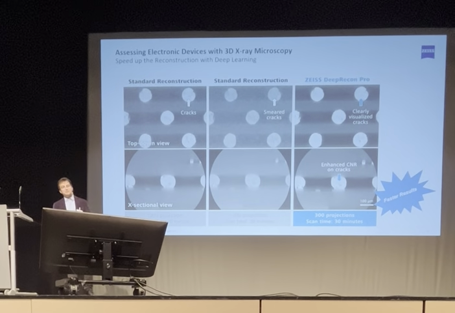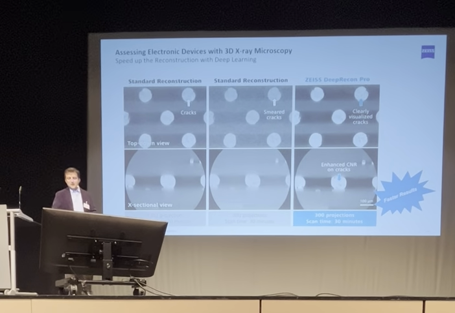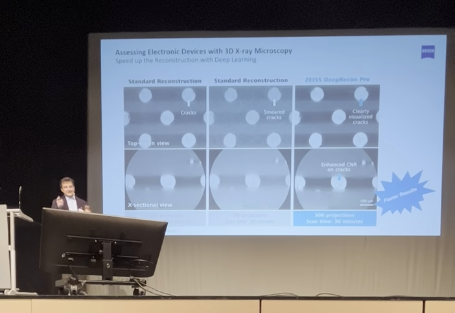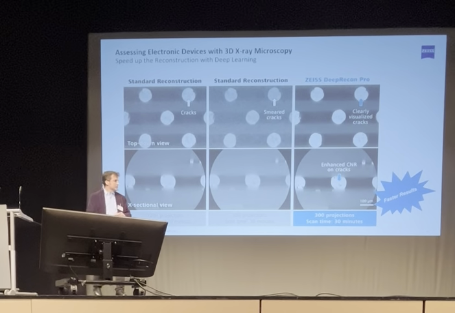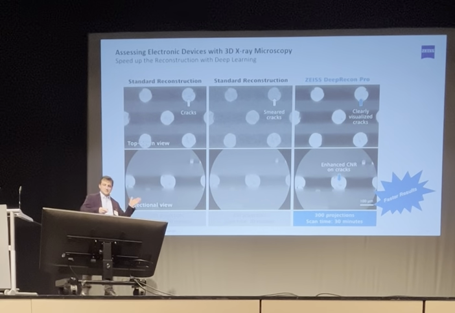This could speed up the process, and we have done that with DeepRecon, which can give us faster results, as you can see in the image on the right. Well, that's my left, that's your right.